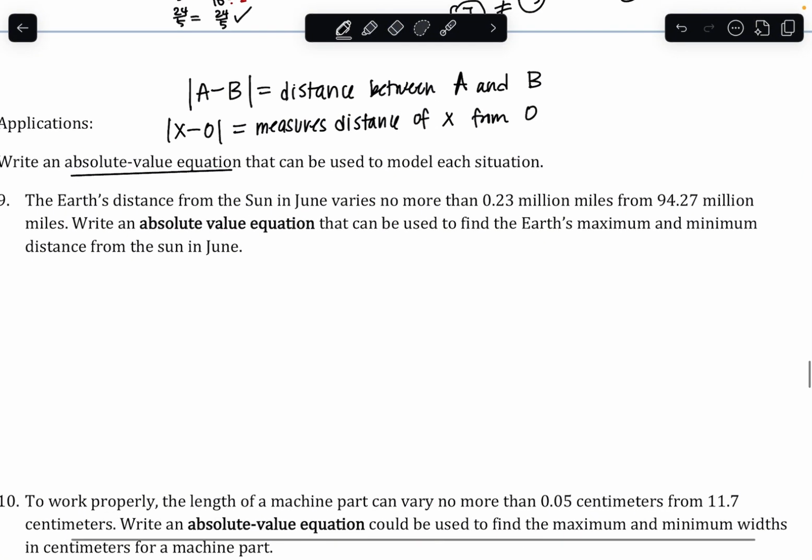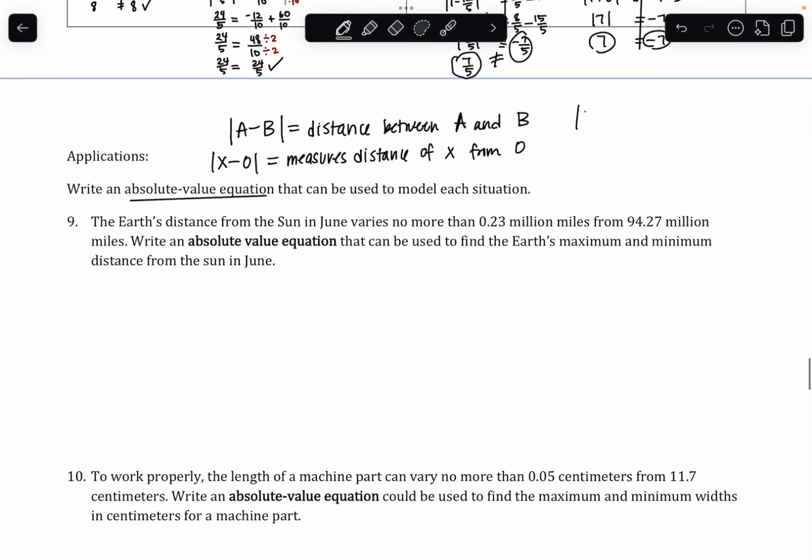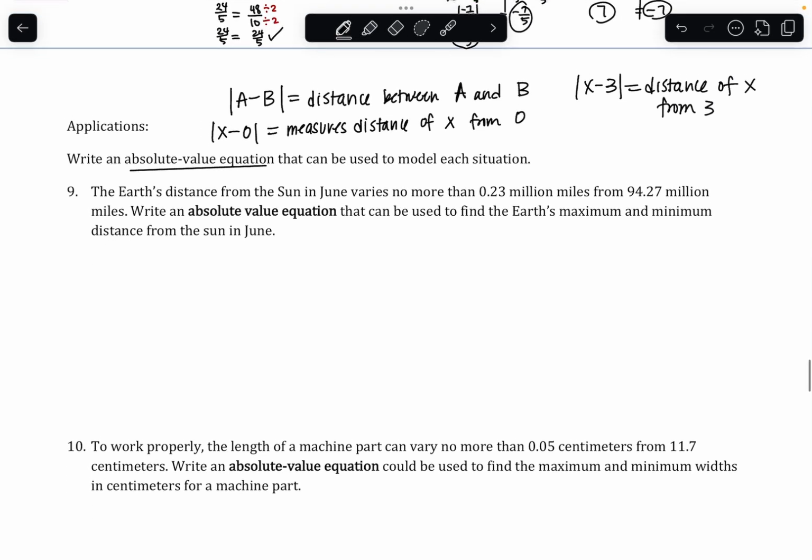And so we can measure the distance of any number from any number. So if I have x minus 3, that measures a distance of x from 3. And so that will help us write our equations.